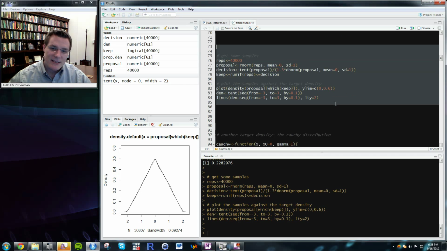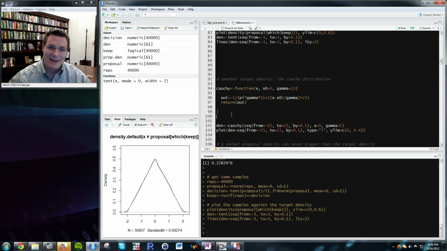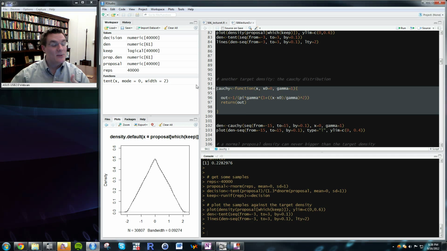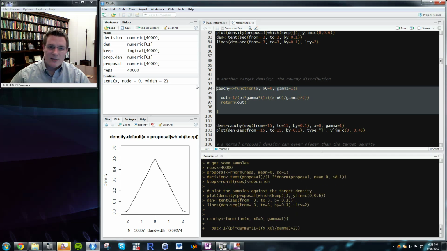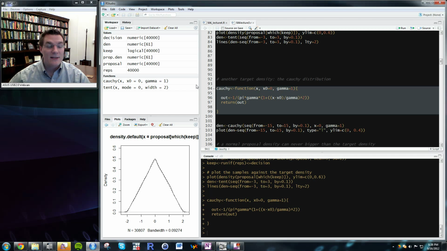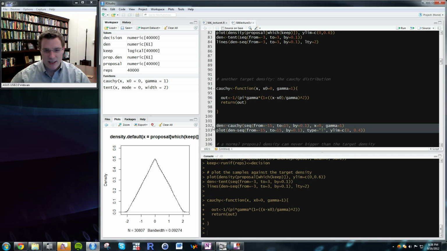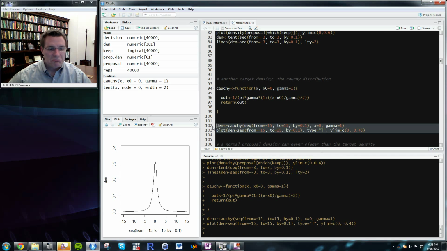Now, the problem is accept-reject sampling works, but there's some caveats. And the caveat, which is actually why I decided to change the video, because this is the distribution I used last time, is that with, for example, the Cauchy. So here's the Cauchy density, and let me plot this Cauchy density for you. It looks kind of like a normal.